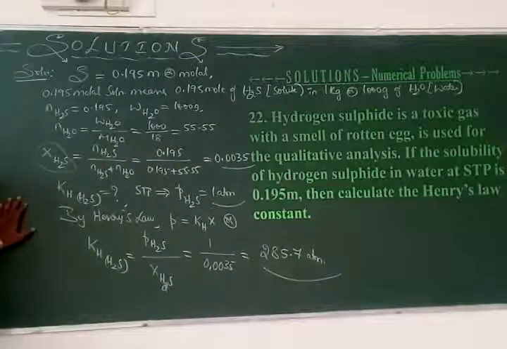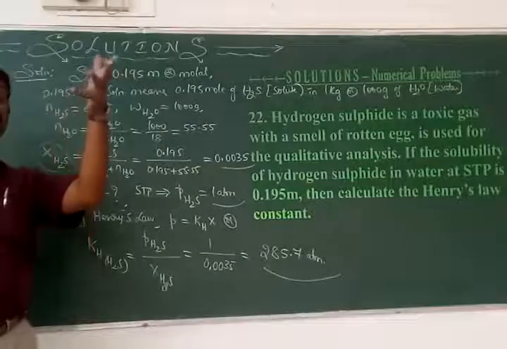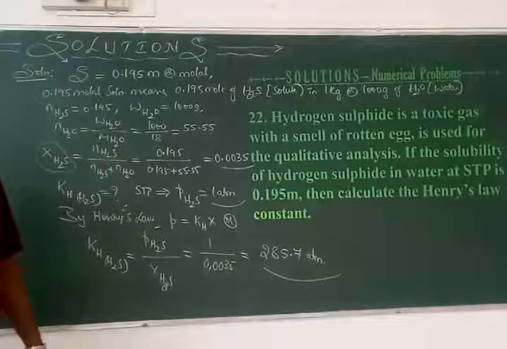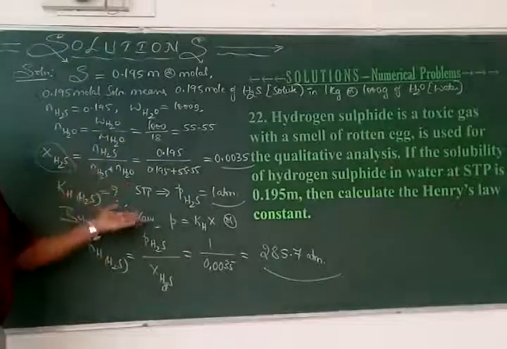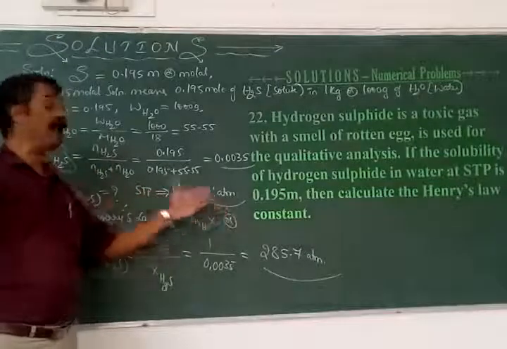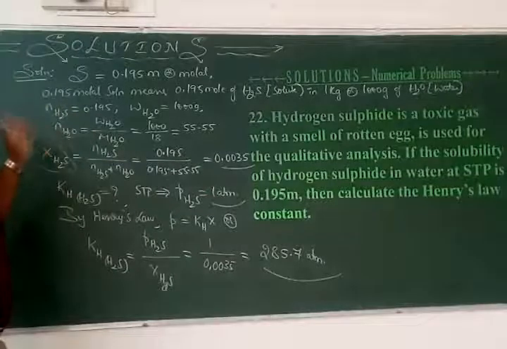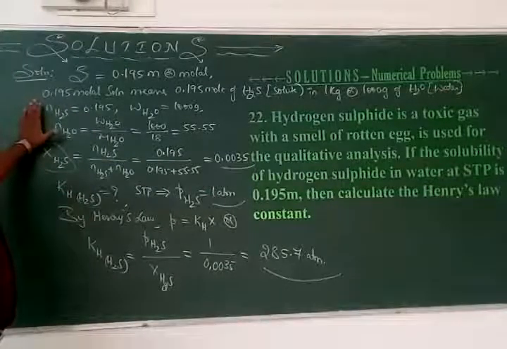So that is the difference here. In the previous problem, the Henry's law constant and the mole fraction were given, which is why we calculated the partial pressure of helium. But here, the partial pressure is given in the form of STP. Therefore, the partial pressure of H2S is 1 atm, and he has not given the mole fraction, but he has indirectly given that in the form of solubility.